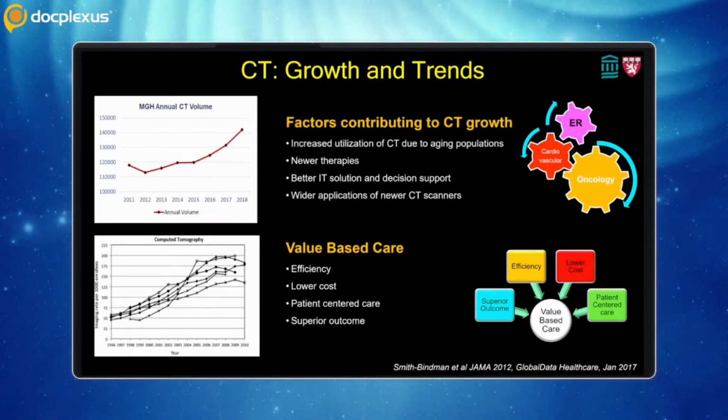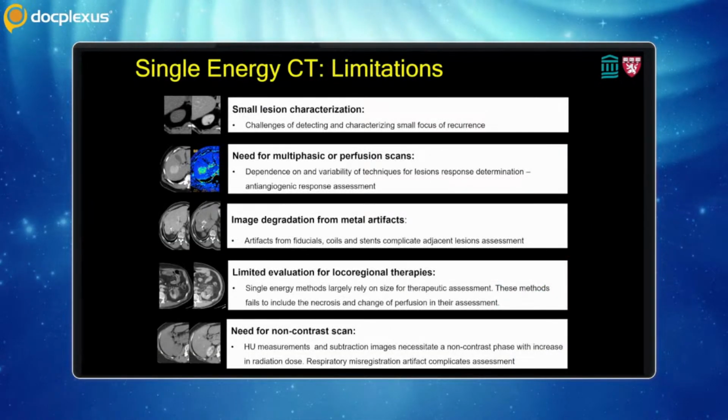Now, single energy CT, which is by far the most commonly used technology around the world, is a terrific modality, provides a wide range of diagnosis, as Dr. Joshi said, in the pancreas, but it does have certain limitations. Limitations include inability to characterize small lesions, need for multiphasic or perfusion scan for determining response or tissue characterization, degradation of images from metal artifacts, which can complicate lesion assessment, a limited evaluation for local regional therapies, where a single phase may not be useful.